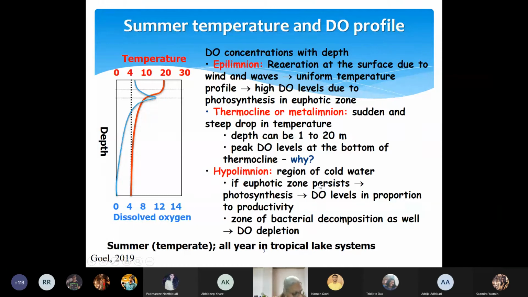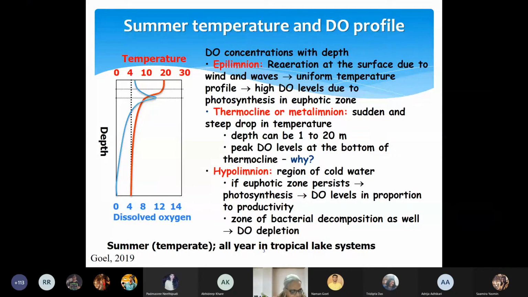The third layer is generally, there may be exceptions, I'm not sure about that, but below in the third layer, this is the dark zone. In general, the hypolimnion is associated with the dark zone or the aphotic zone. And I don't think, even though I've written what I've written over here, I don't think it happens, because if there is light, there is heat.